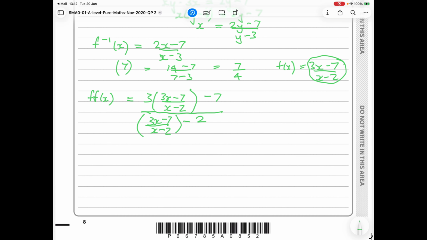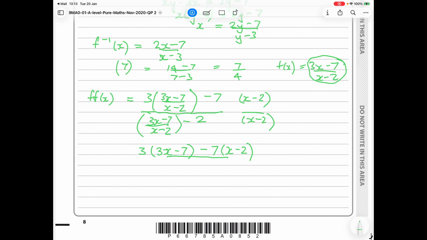Now, in order to get this to look marginally less rubbish, I think what I'm going to do first is times both top and bottom by x minus 2. If we do that, we end up with 3 times 3x minus 7, minus 7 times x minus 2 on the top.